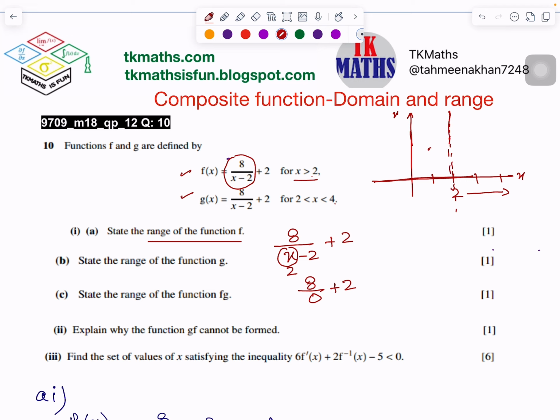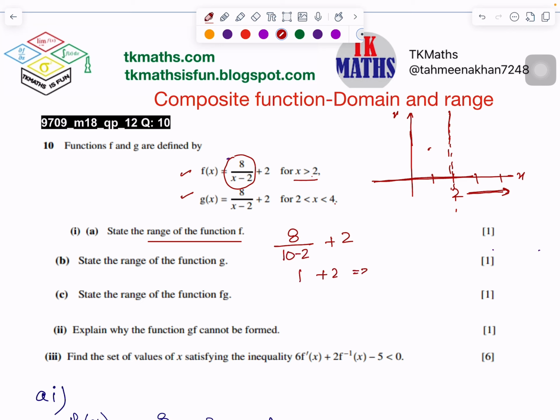Agreed? If you take a bigger value, suppose I take 10, then 10 minus 2 is 8, and 8 divided by 8 is 1, and 1 plus 2 is 3.